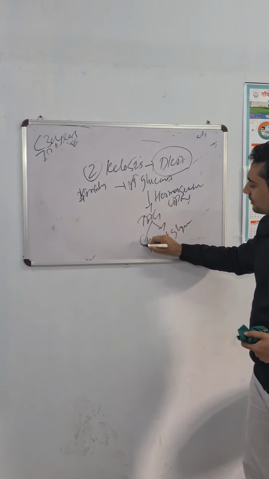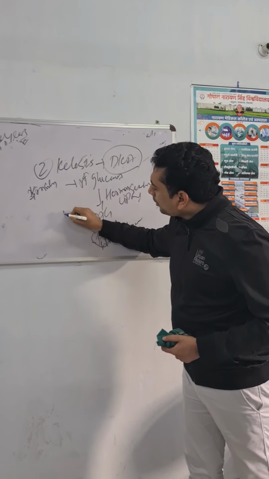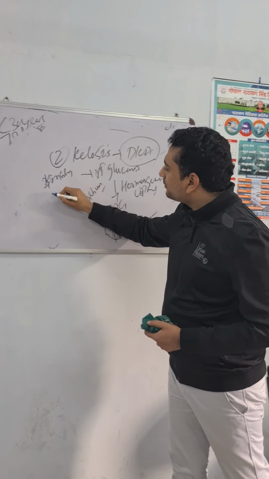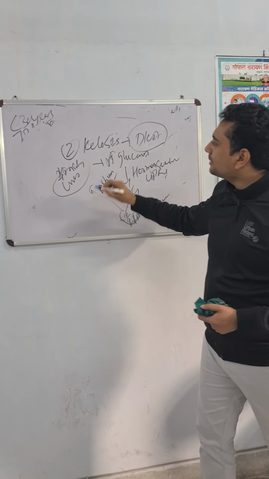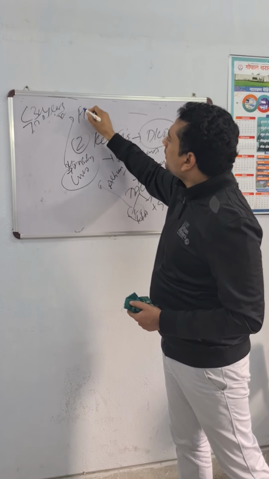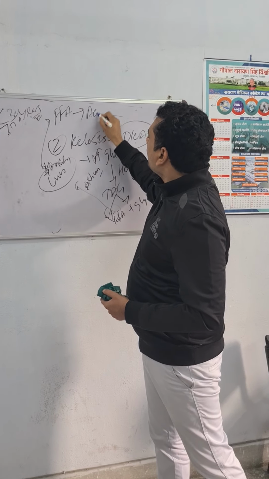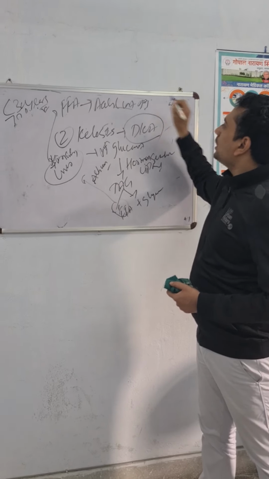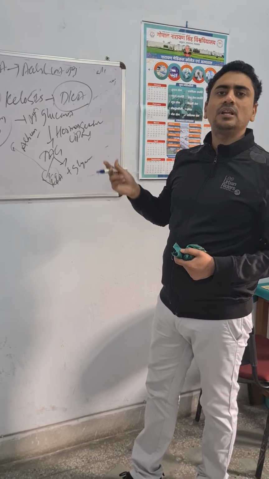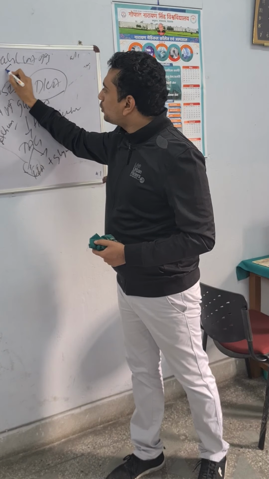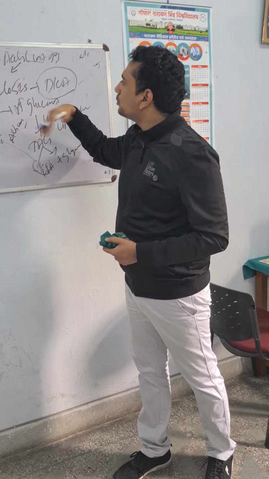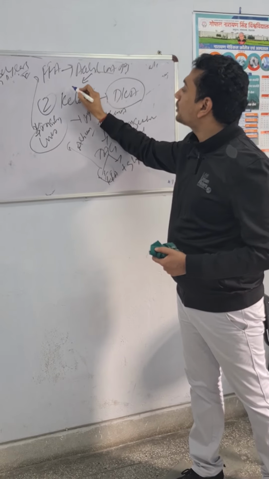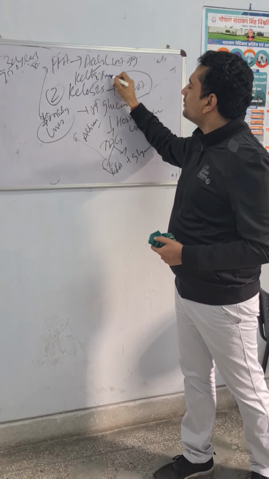These free fatty acids will enter the circulation with the help of albumin and go inside the liver, where they will be broken down into acetyl coenzyme A. This acetyl coenzyme A influx will be very high, and if acetyl CoA is available in high amount, it will be used for the production of ketone bodies inside the liver.